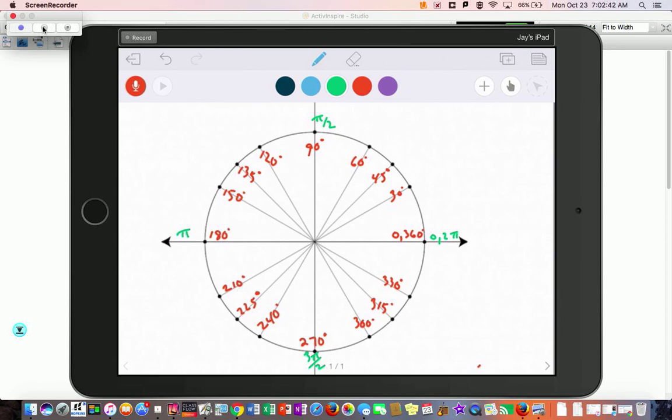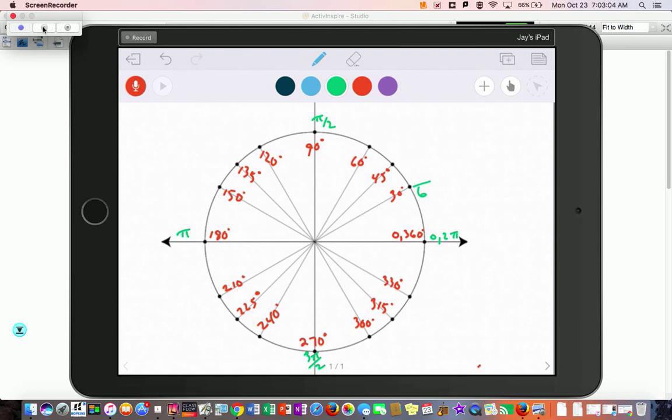Now, when you look at the first quadrant, we're looking at the top half of the circle, and I would say, how many 30s can we fit in 180? That's 6.